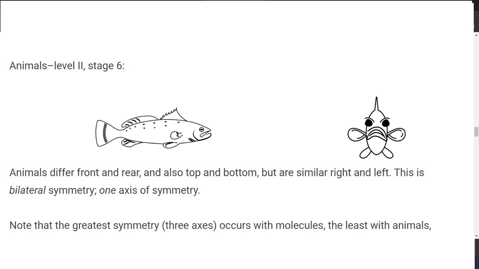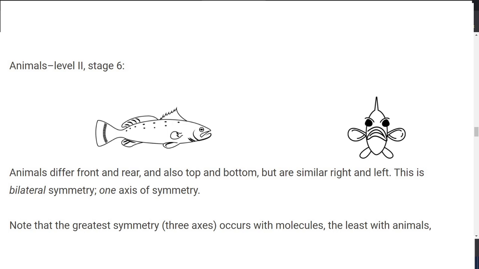So you can't have a circle that's right-handed, but as in this illustration here, you can have a coil that is right-handed or a coil that is left-handed. And so subatomic particles do indeed have bilateral symmetry.